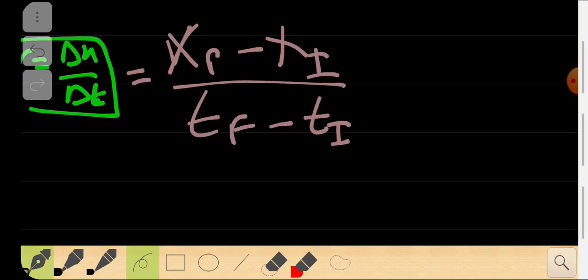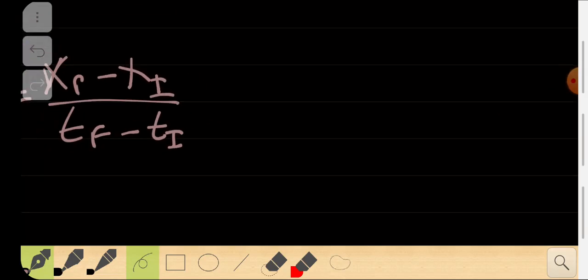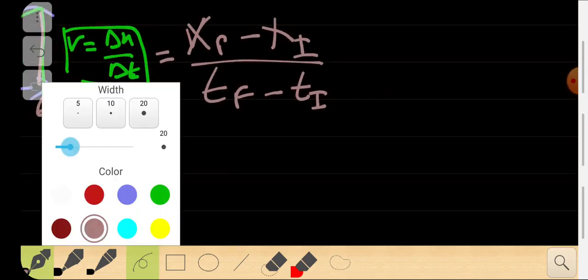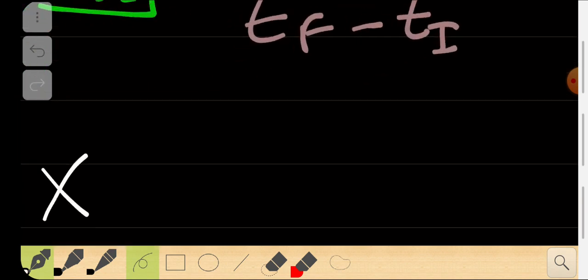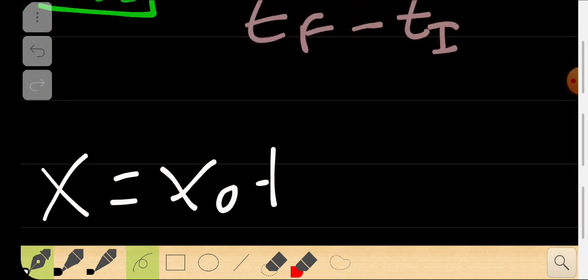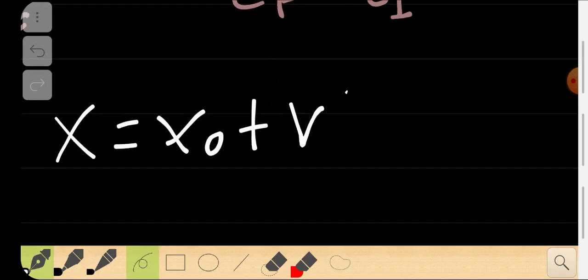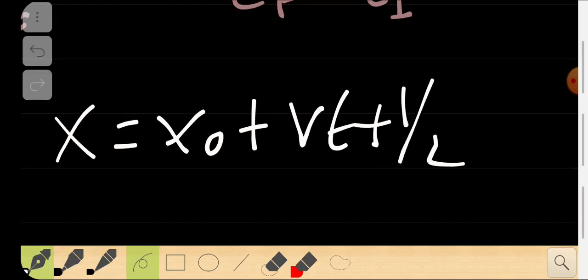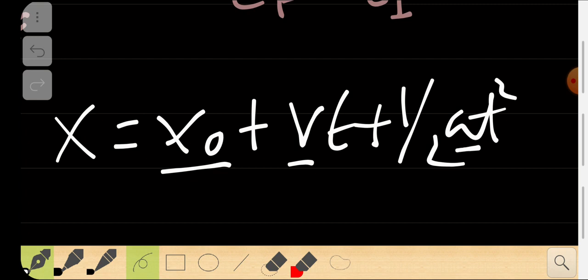Now we have introduced the equations of motion. So x will be x0 plus vt plus half at squared, where v is the velocity, x0 is the initial starting point, a is the acceleration, and t is the time.